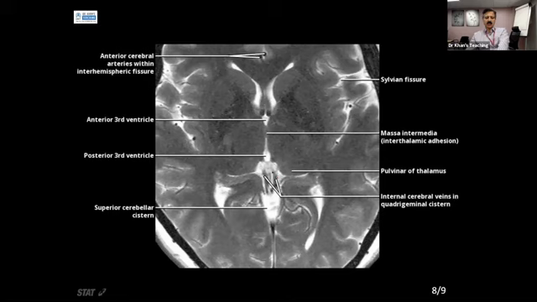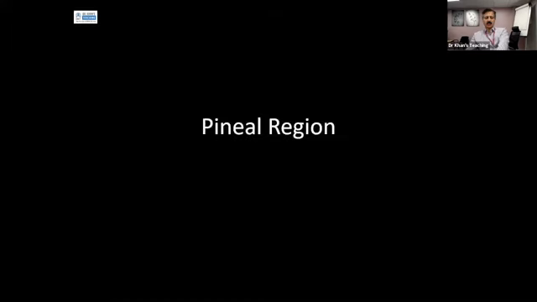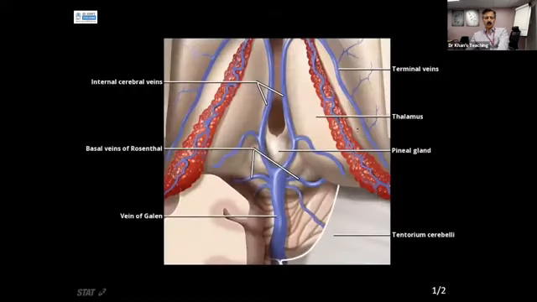This is the internal cerebral veins in the quadrigeminal cistern. This is the cistern which was just underneath the splenium of the corpus callosum, somewhere here. And this is cistern of velum interpositum. This is just before it enters the quadrigeminal cistern. So look at these veins, and these are the exam veins I was talking about.